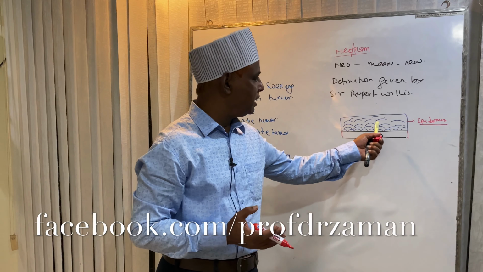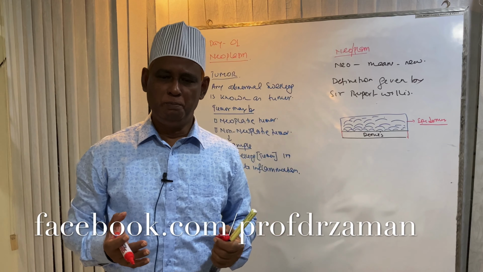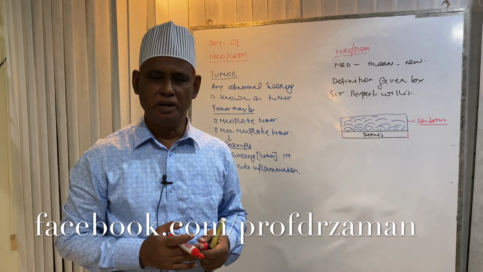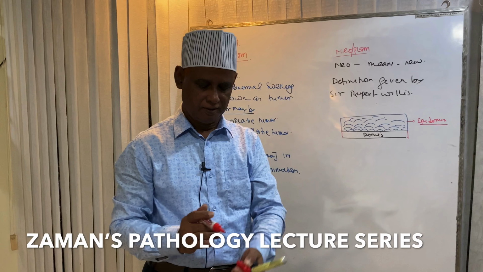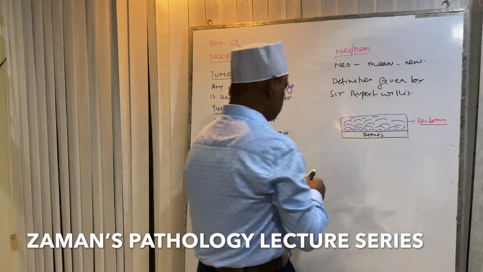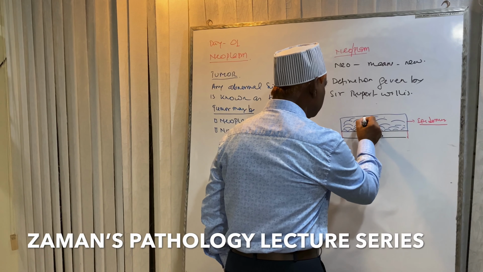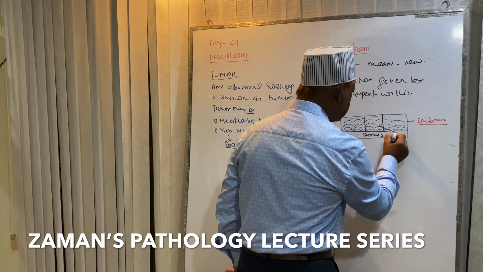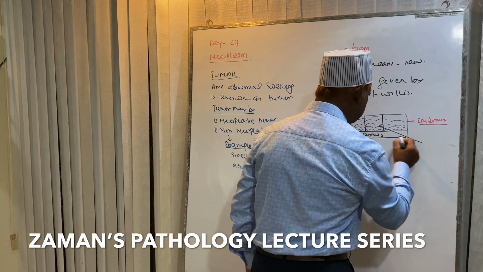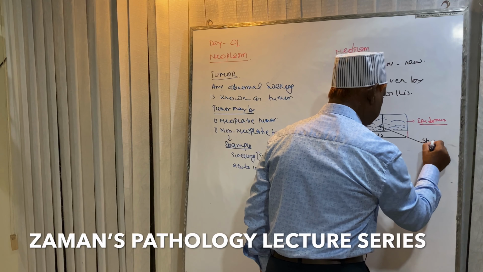The labile cells undergo multiplication at regular intervals, and there is shedding of cells from the epidermis. Suppose in this part of the epidermis there is a stimulation.